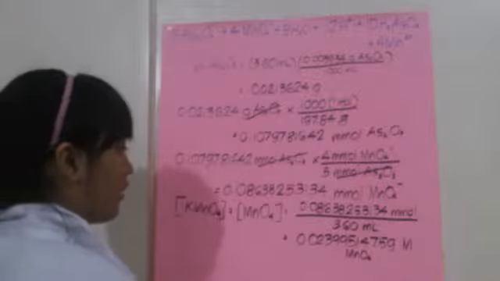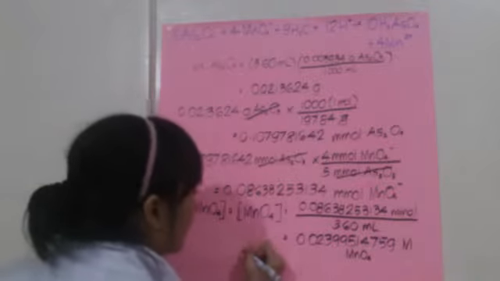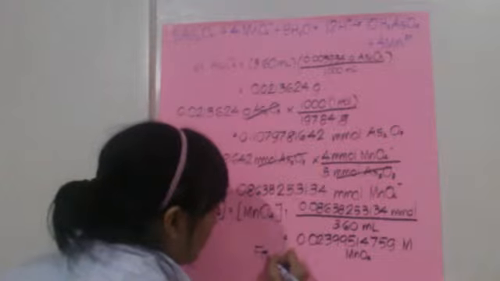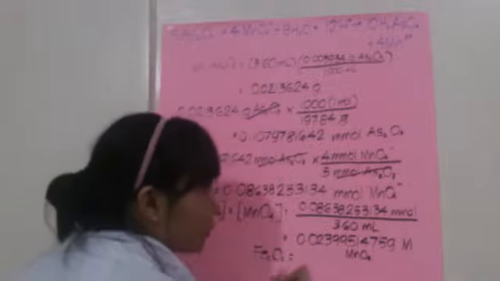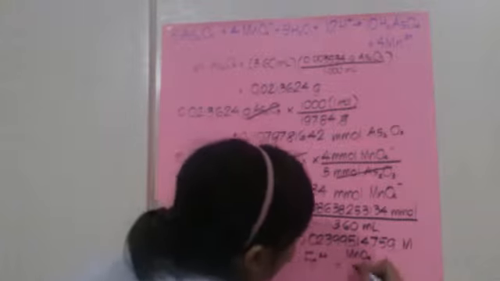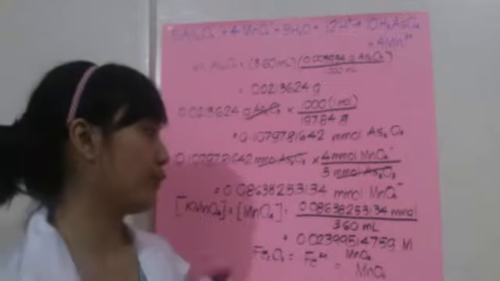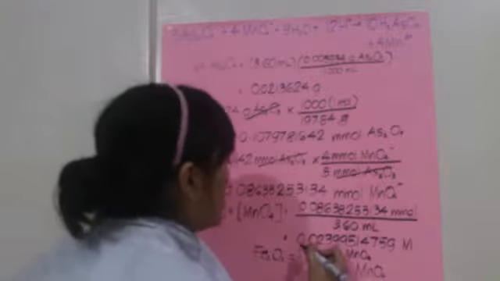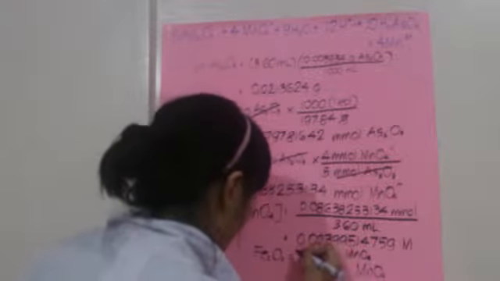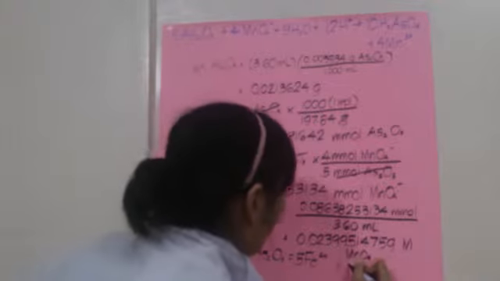Next, from the ratio of Fe2O3 to the iron itself, iron 2 plus, which would have ratio of MnO4, which would be equal to, as said in the book, 5 Fe would be equal to 1 MnO4.